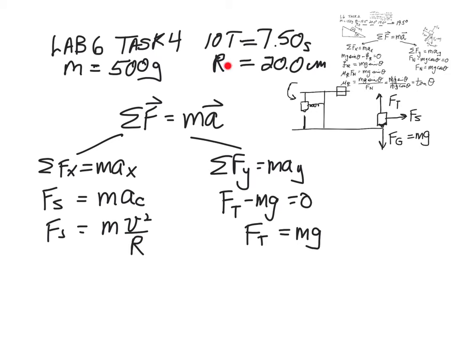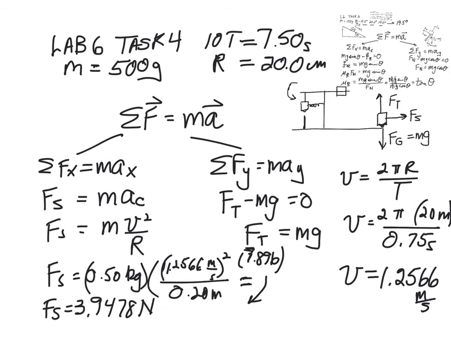We have the radius in centimeters, so we'll need to convert it, and we need to use the radius and the data to get the velocity. See if we can get the velocity, the acceleration, the mass and the final answer. Okay, it got a little crowded.